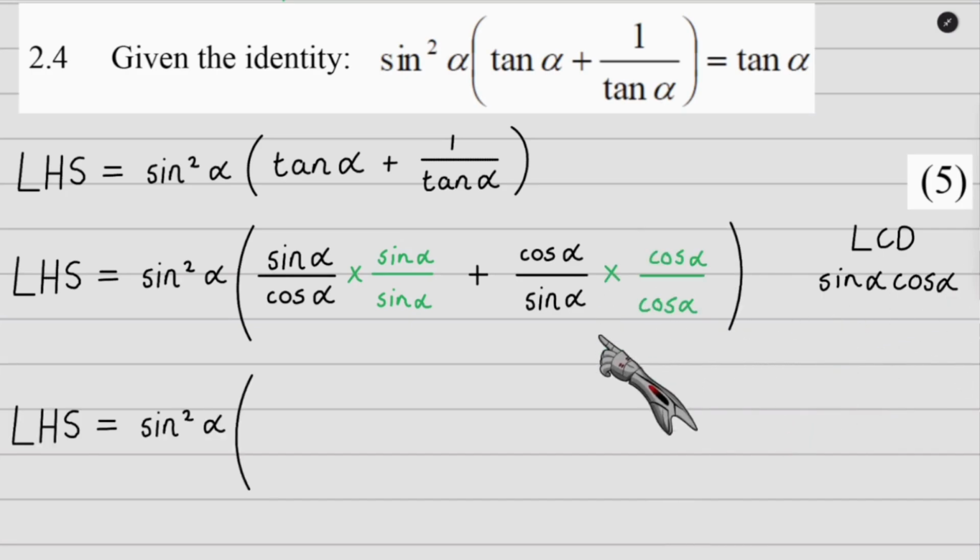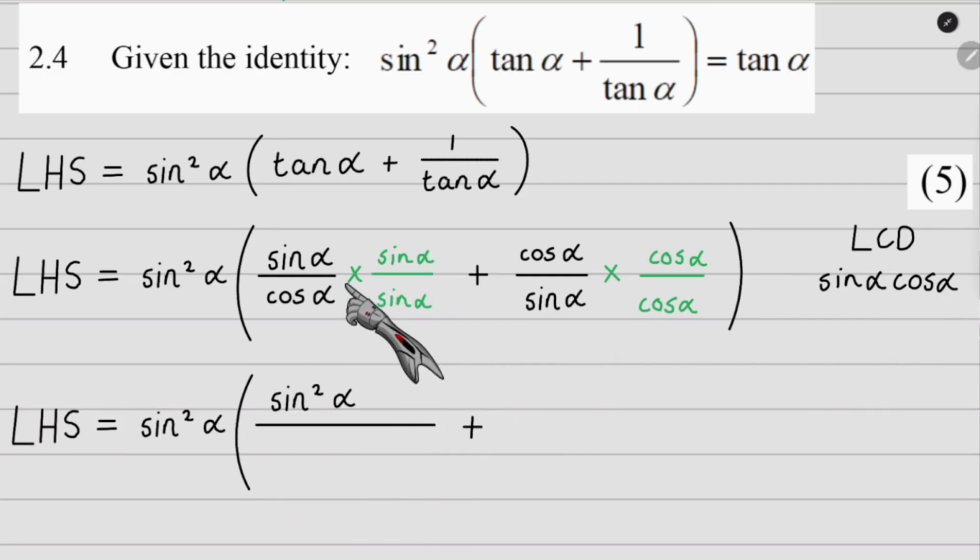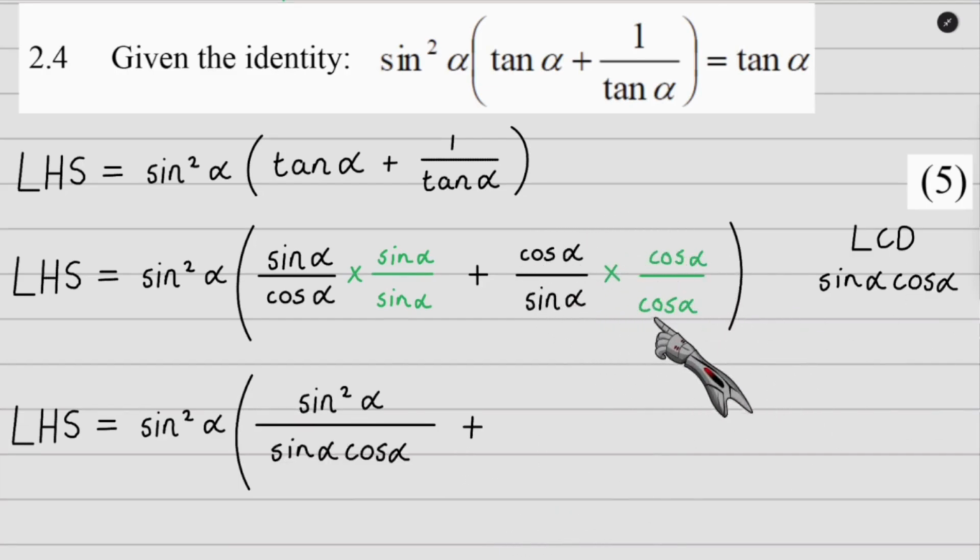Okay, and now we're going to sort this mess out. So over here, I do the top times the top. Sine alpha times sine alpha will give me sine squared alpha. And if I multiply the bottoms together, we're going to get the LCD like we prepared for. So cos alpha times sine alpha gives us the LCD of cos alpha sine alpha. And now we're going to focus on this fraction.